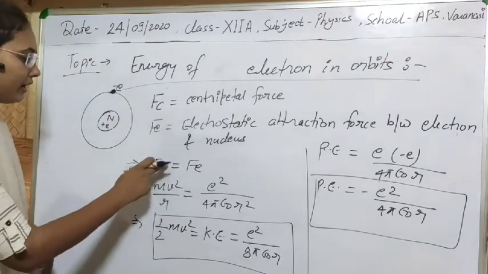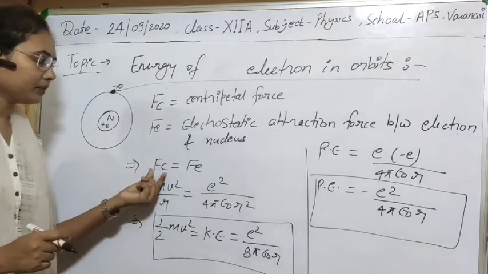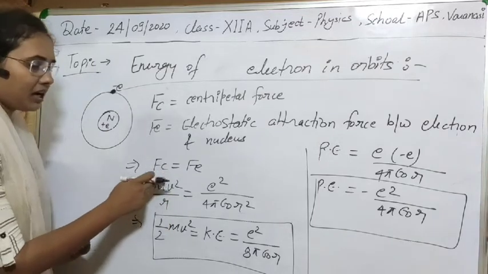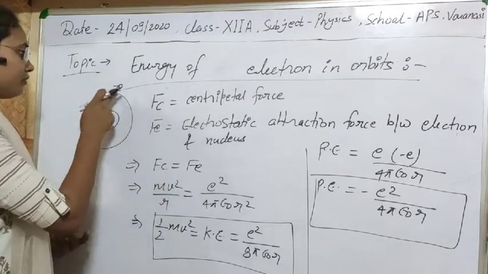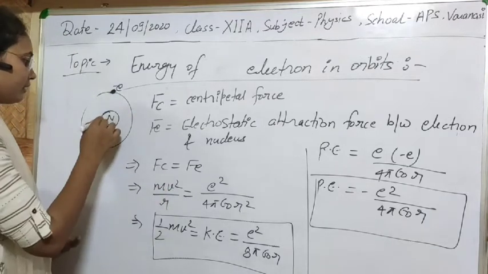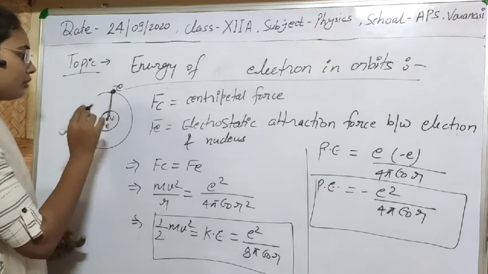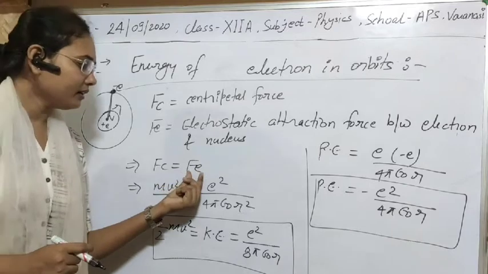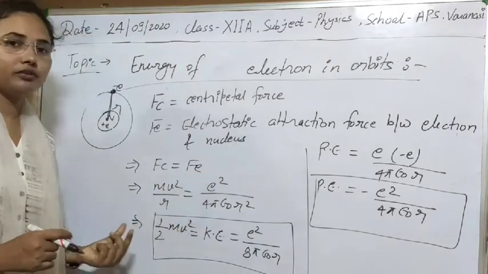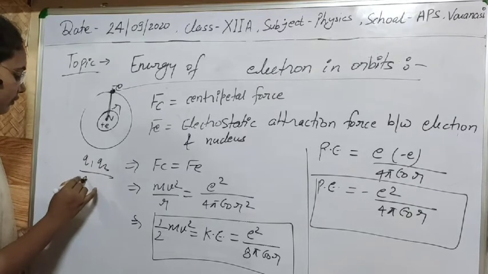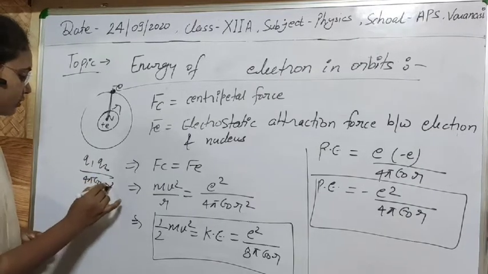The centripetal force is in general mv square by r, where m is the mass of the electron, v is the velocity with which it is revolving in this orbit, and r is the radius of this circular orbit. Also, the electrostatic attraction force is in general q1 q2 upon 4 pi epsilon 0 r square.